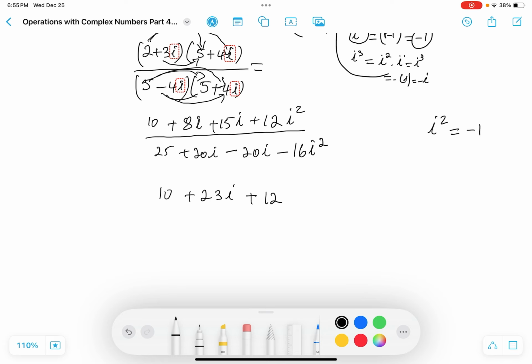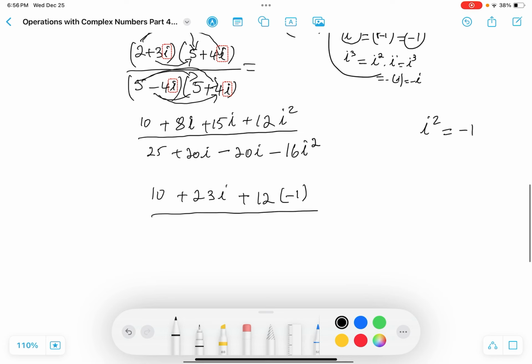So instead of i squared, we substitute -1, divided by 25 for the moment here. Then we have to combine 20i minus 20i. Positive 20, negative 20, those cancel out. So it'll be minus 16 i squared. Again, i squared is equal to negative 1.